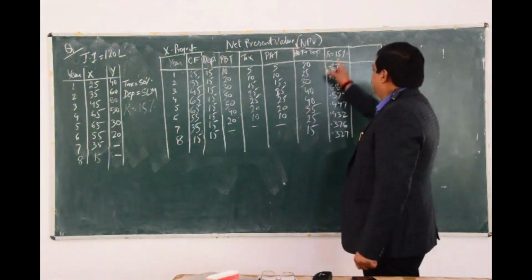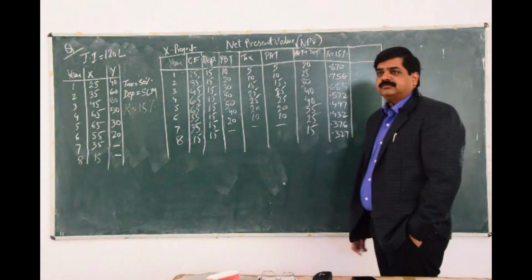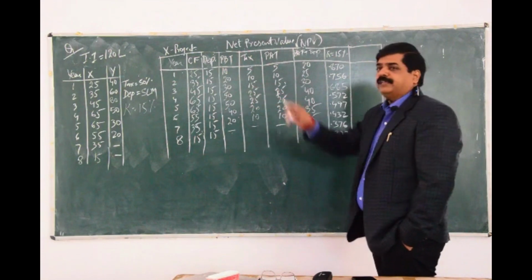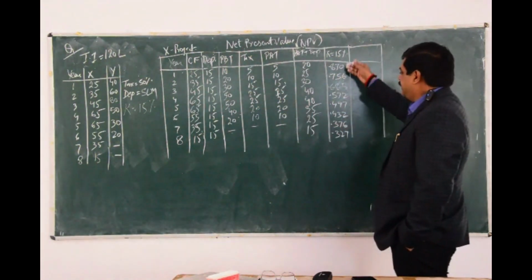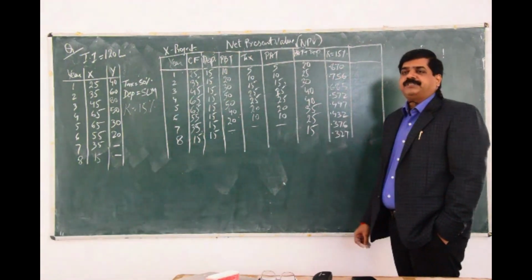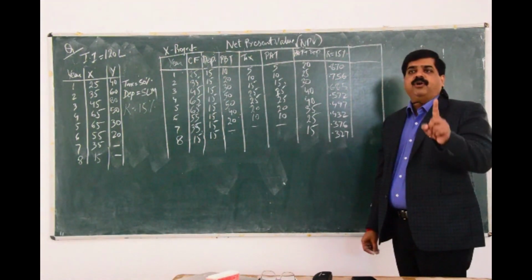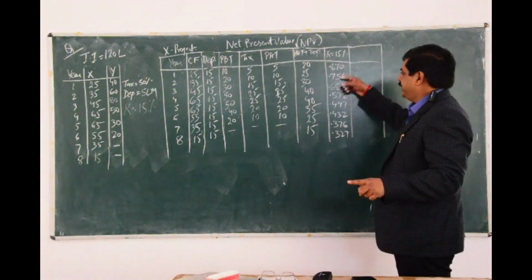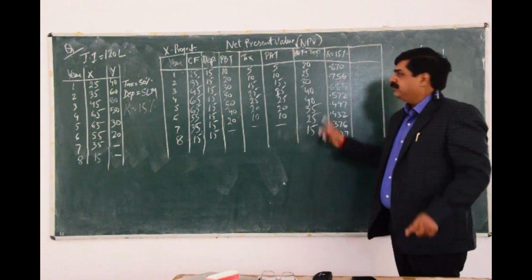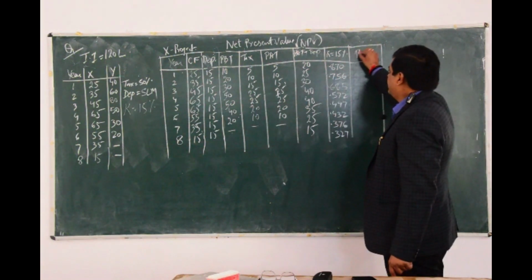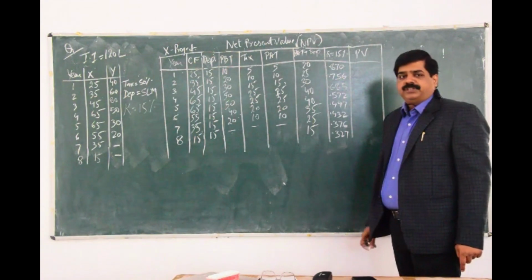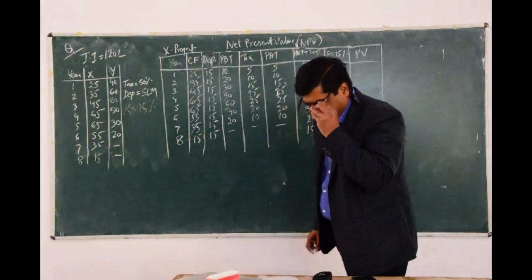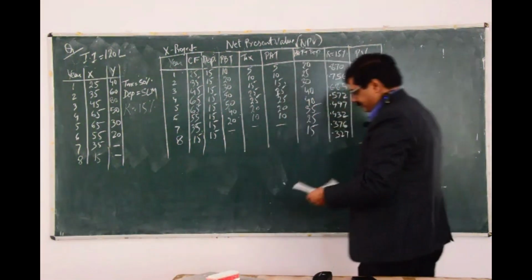Right? The discounting rate is given to you, that is 15%, and this is the discounting value which we call the present value. The present value of ₹1 if discounted at 15% in the first year, second year, third year, this will be the value of ₹1. We just multiply to get the present value. If I am not wrong, I have the figures.